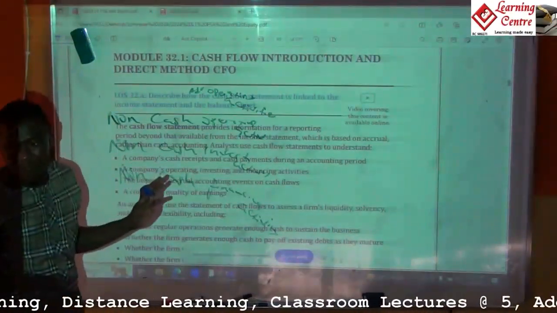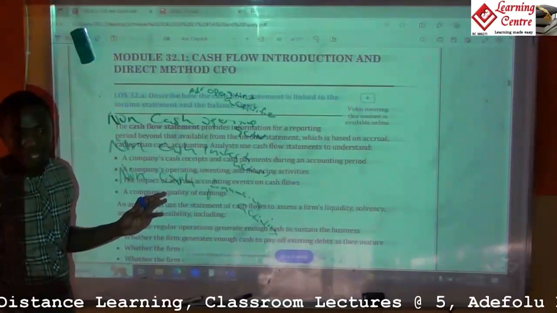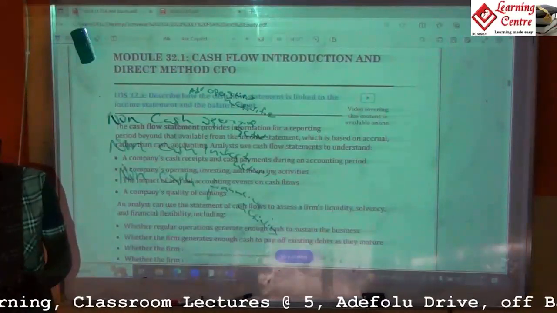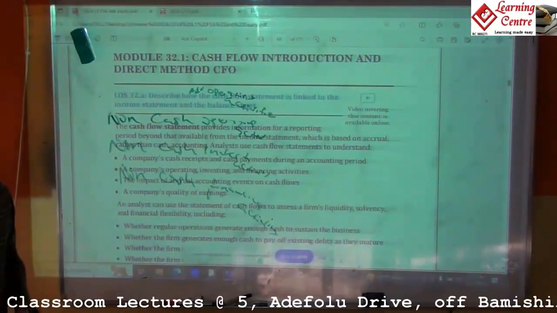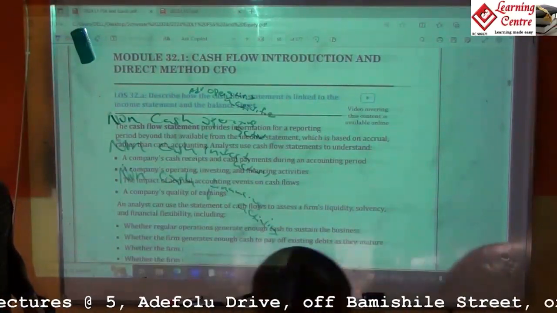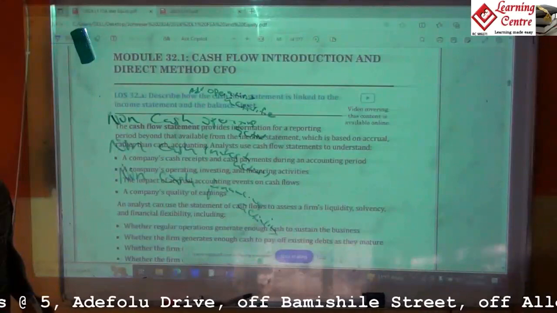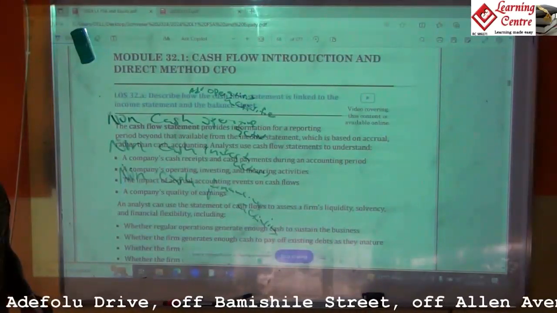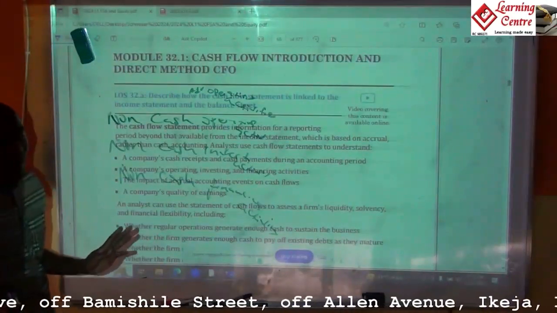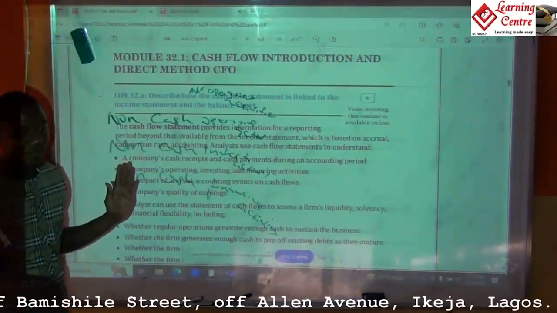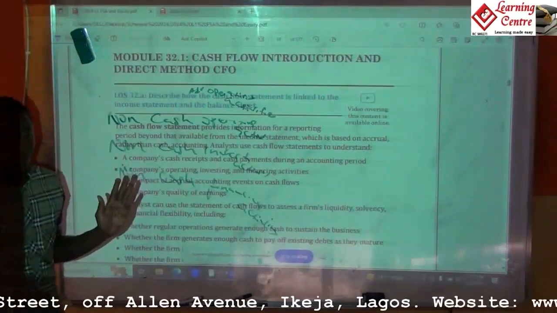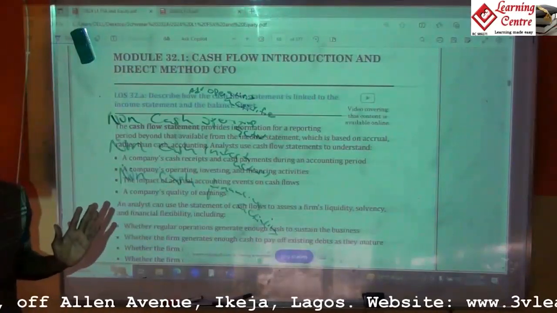Any questions? So non-cash operating activities, you treat them in your operating activities, and you add them back.